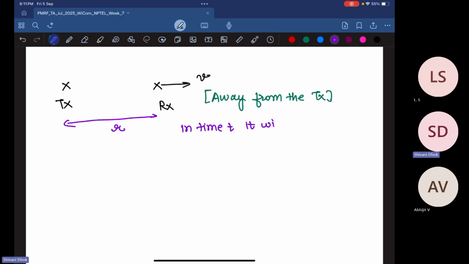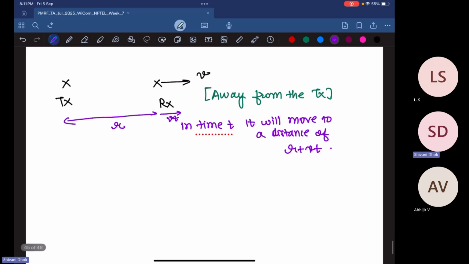It will move to a distance of r plus vt. It will move a little bit here in time t, which will be v into t. V into t is the distance covered in time t. So how will your electric field look now?